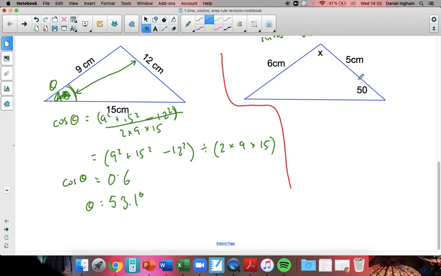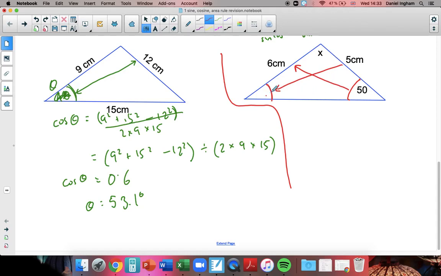And then finally looking at this one, this one's kind of been thrown in there as a bit of a trick. This is something you probably get in an IB exam. You've got the angle and the side opposite it, but we want to find x, and we don't have this side here. The quickest way to do that is to find this angle here, because you've got opposite sides and angles.